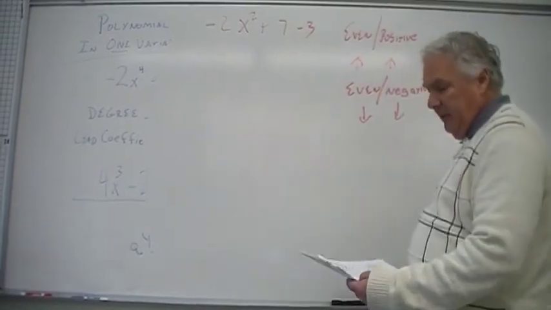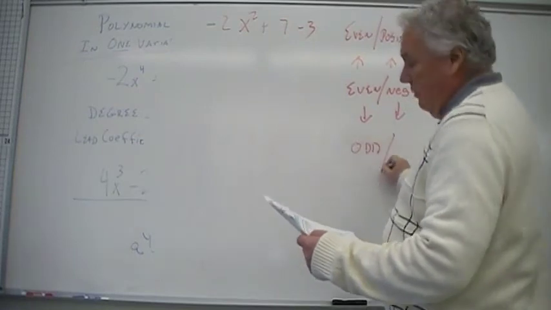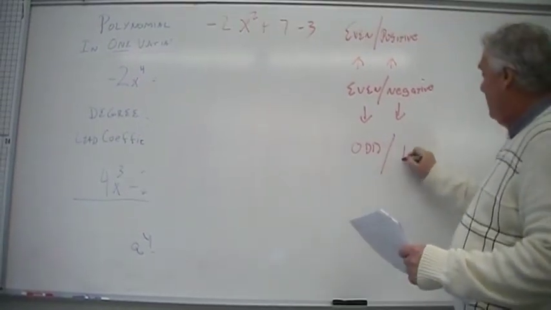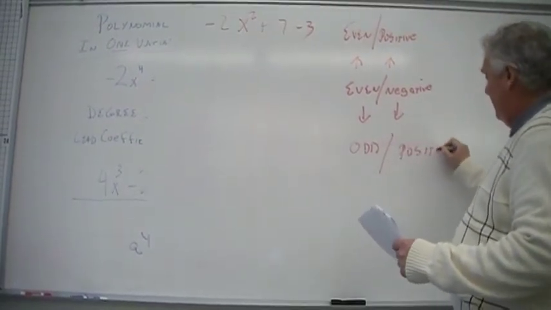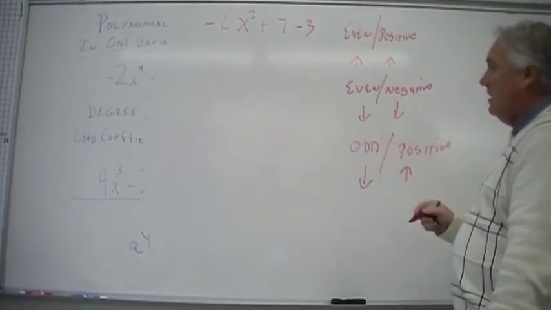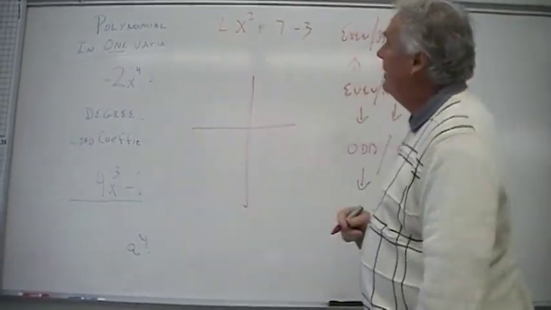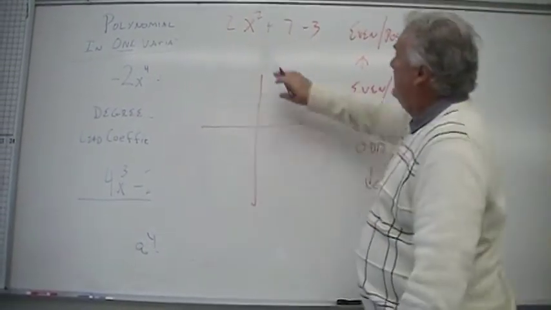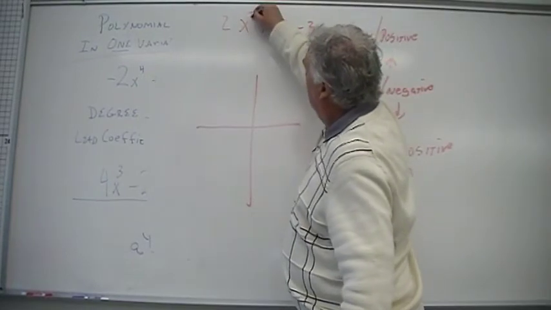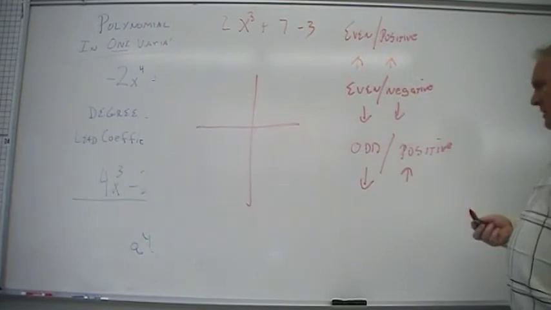Now we get to the third one down. If it's odd, the degree is odd, and the lead coefficient is positive, then we're going to go down on the left and we're going to go up on the right. Meaning this. If it's 2x to the third, positive and odd. Odd and positive.